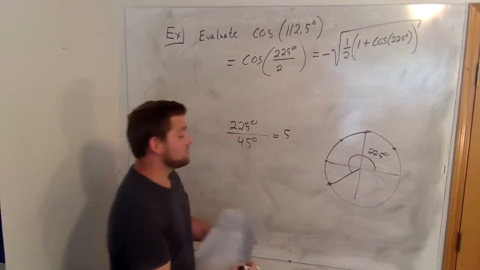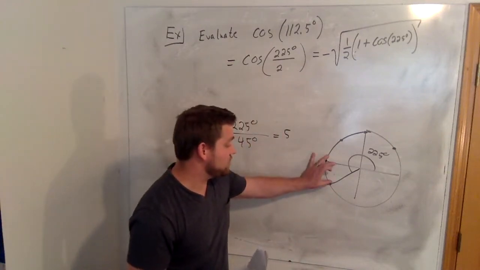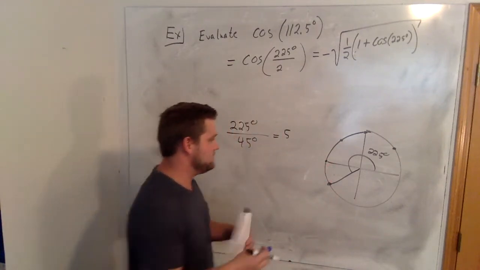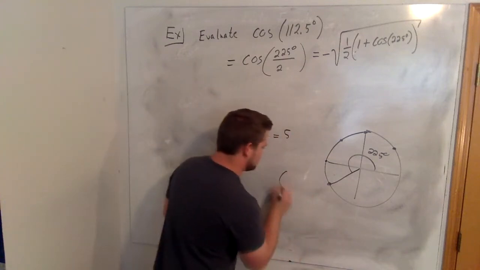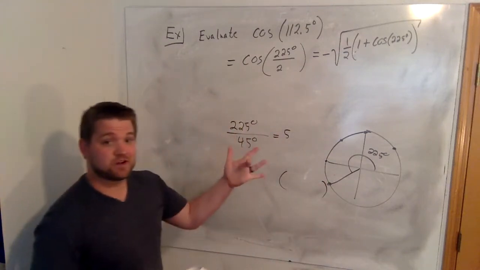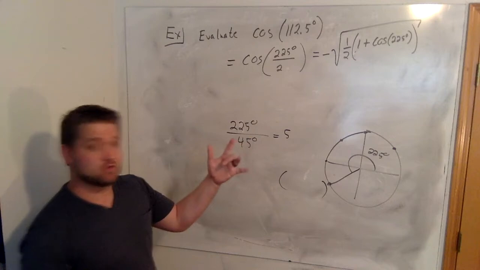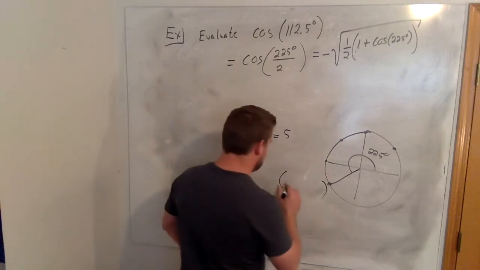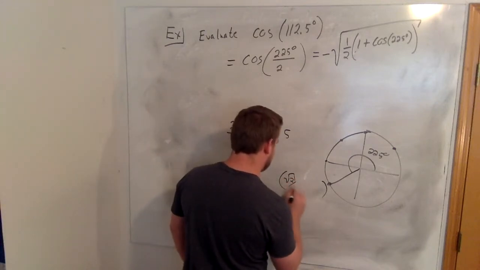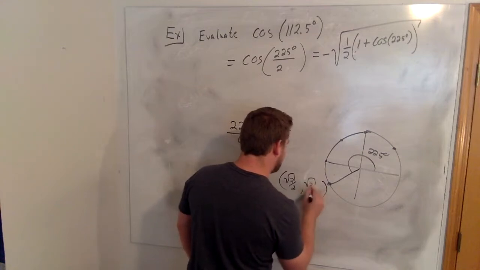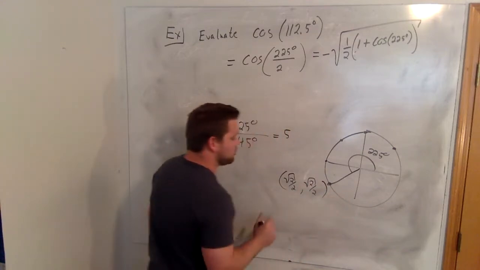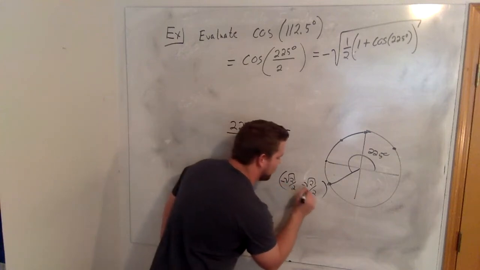If we think about the reference angle here, it would be 45 degrees. So what is the sine and cosine of 45 degrees? Root 2 over 2 and root 2 over 2. But we're in quadrant 3, and sine and cosine are both negative in that quadrant.